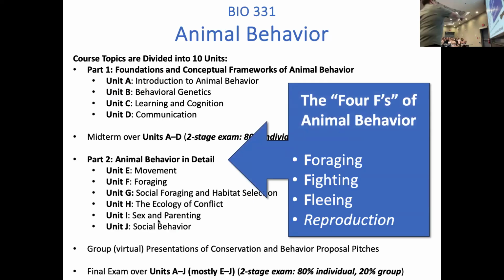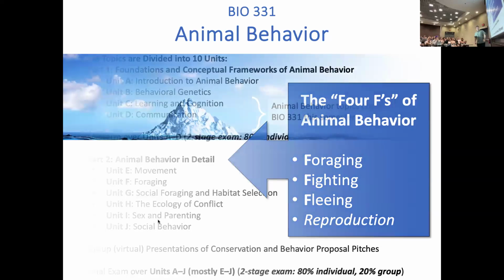Those are covered in these units here. So taking the fundamentals, like those 4 types of explanations we talked about, communication, signaling, all of that, and applying them to complex behaviors, that's what we do after the midterm. And then we wrap up with your group projects and the final exam.